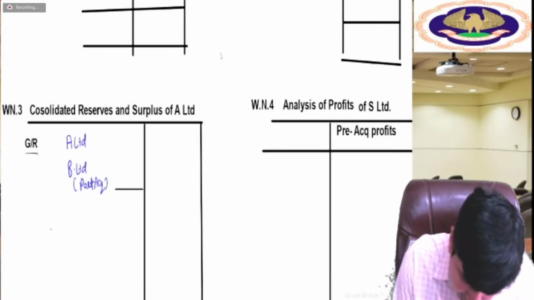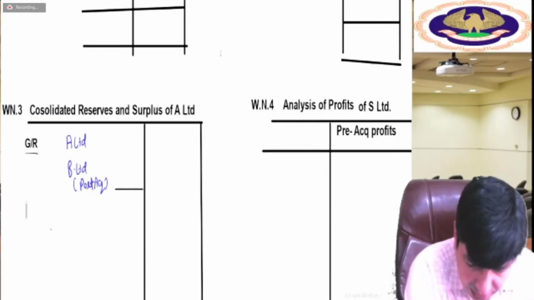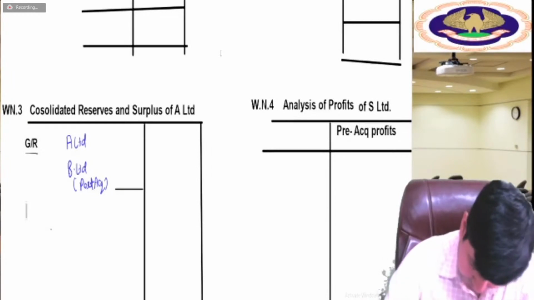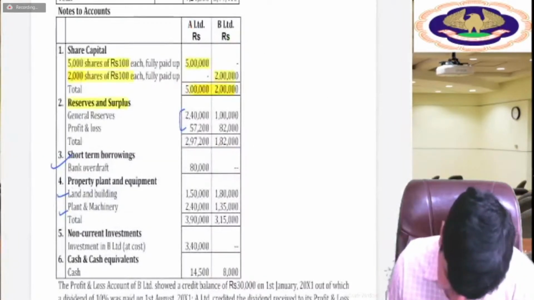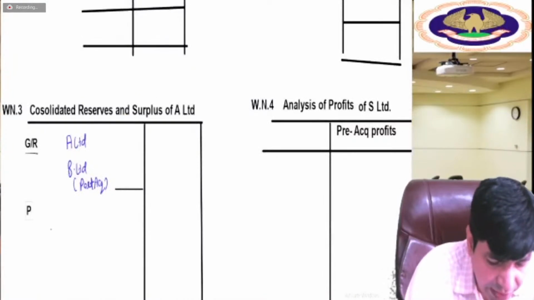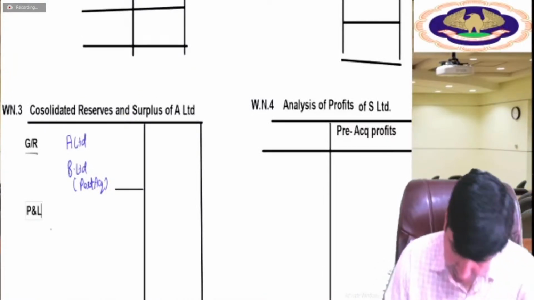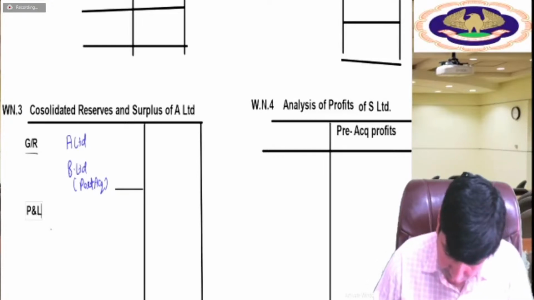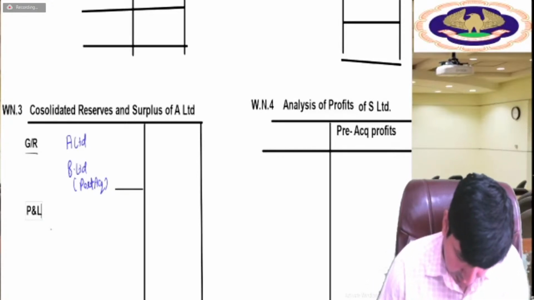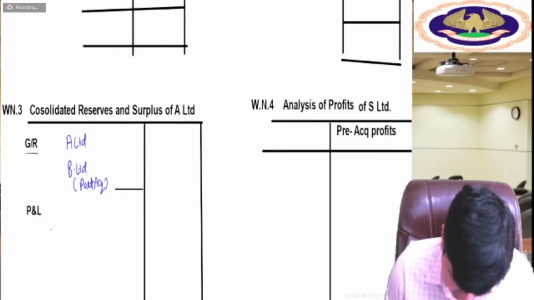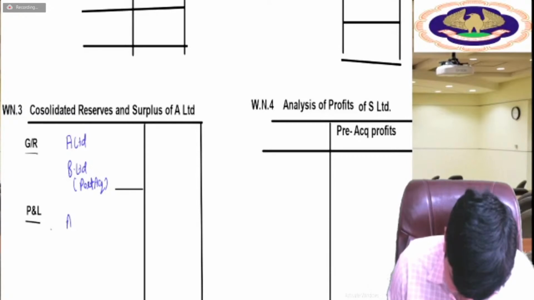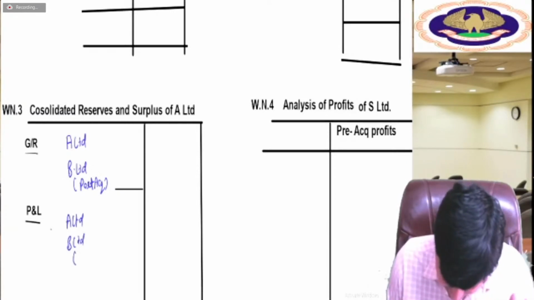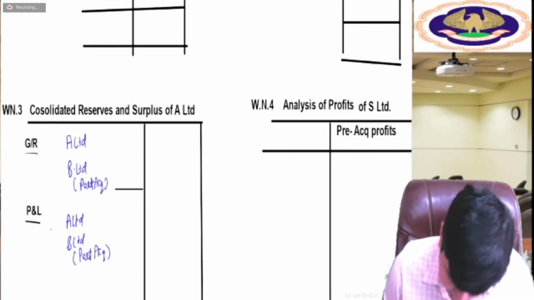Now another thing is there. What is the heading? It is profit and loss. Please do practice with me. A Limited and B Limited. From B Limited, only post acquisition profit and loss will be posted here.